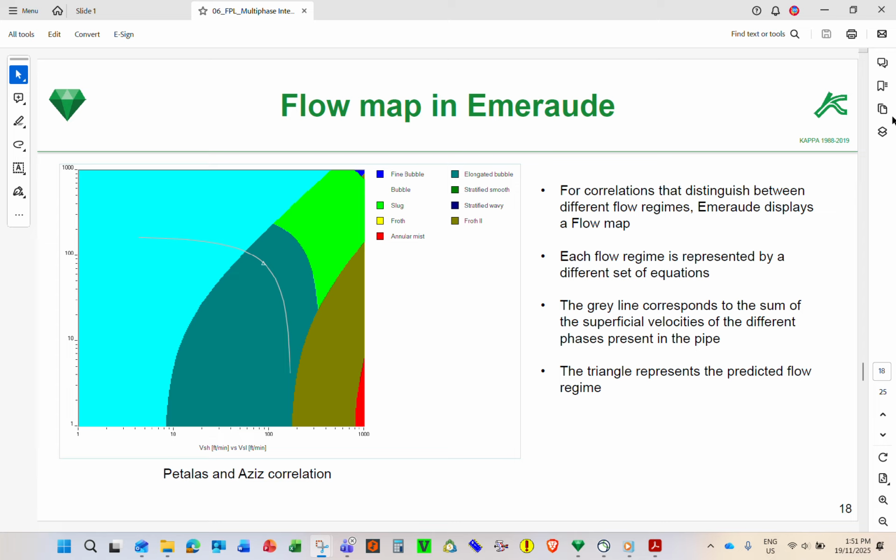So it could be this way or that way, depending on the similar percent: QL, QH divided by area total. Depending on the velocity of the light phase and the velocity of the heavy phase, it will show at which flow regime.